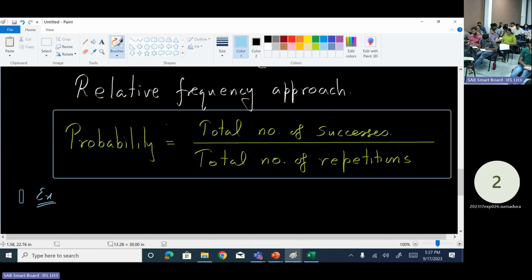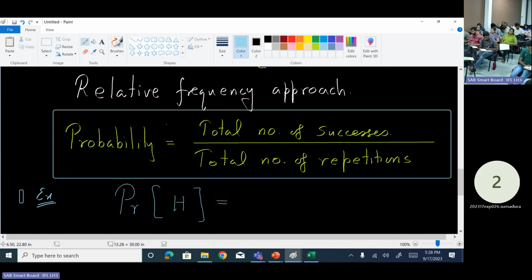First up, what is the probability of getting a head in that coin? So we want the probability of a head, P(H).